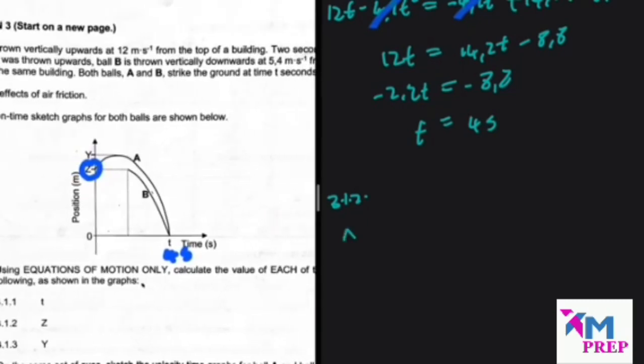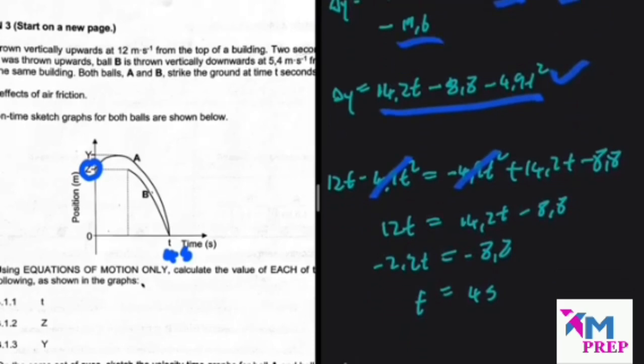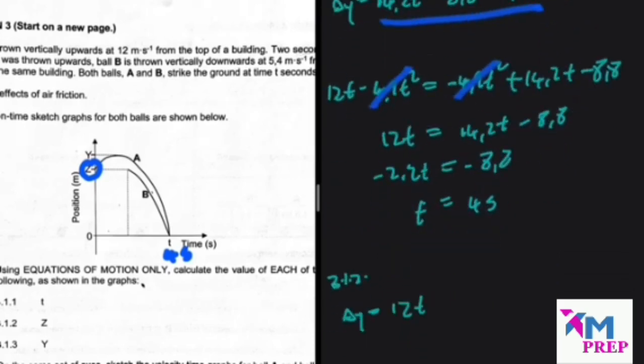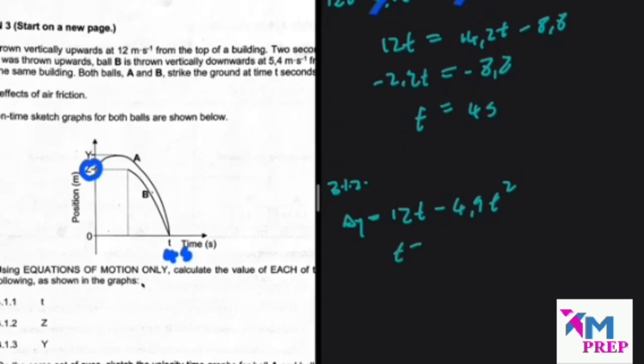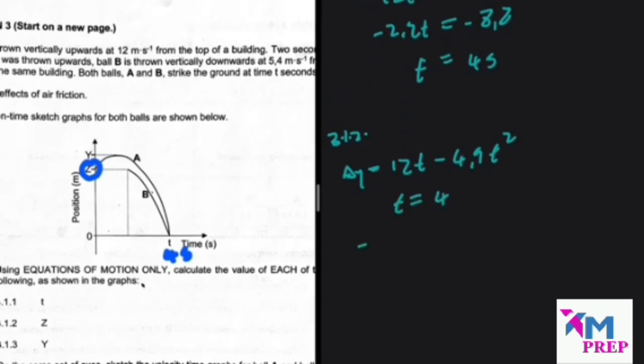Either way, delta y is equal to, we can take one between the two equations. Let's take 12t minus 4.9t squared. And we know that t is equal to 4 when the two balls strike the ground. So when we substitute here, we shall get delta y, which is z. So 12 multiplied by 4 minus 4.9 multiplied by 4 squared is equal to 30.4.